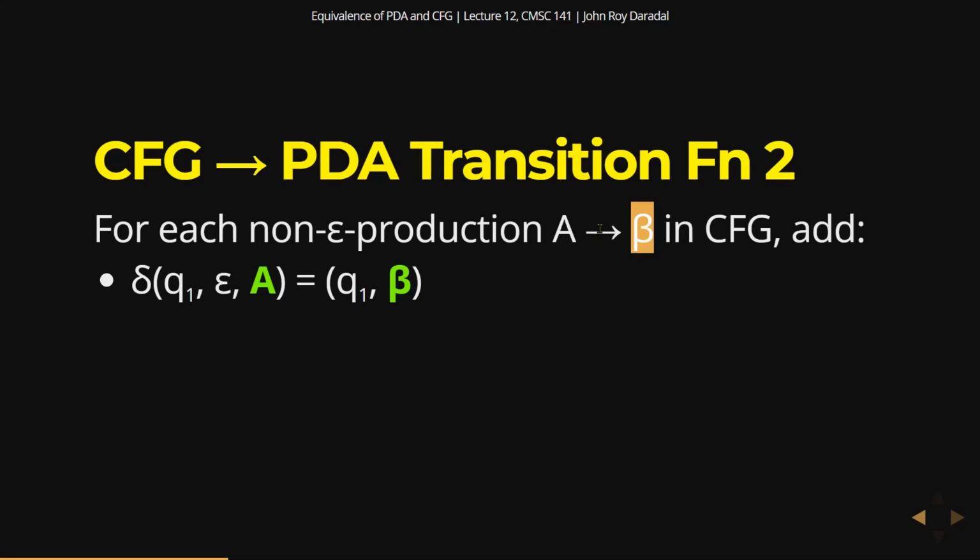For each production A to beta in the CFG, we will add the following transition function entry. From Q1, the work state, we'll stay at Q1, and without reading anything, if the variable A is on top of the stack, then we can replace it with the right hand side, which is beta, a combination of variables and terminals.